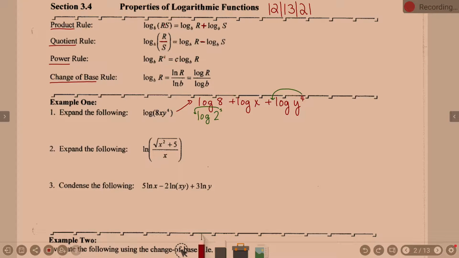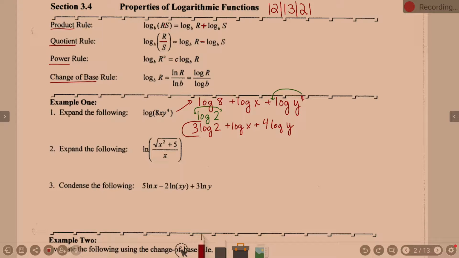Now, I'm a little flexible with that log of 8 becoming log of 2 to the 3rd, but I think it's something good to be able to recognize. So if I bring that 3 out front, this is going to be 3 log of 2 plus, I still have log of x, plus log of y to the 4th becomes 4 times log of y.